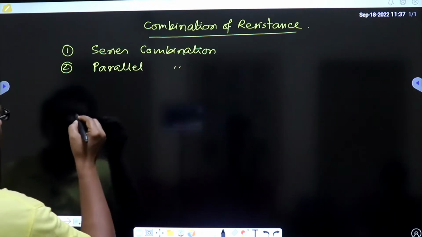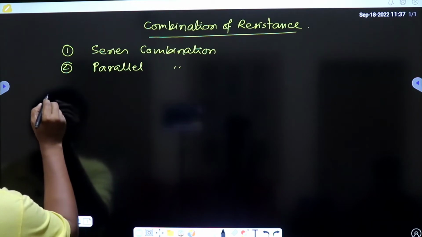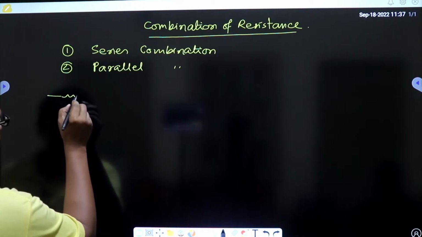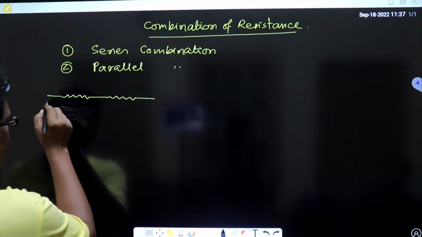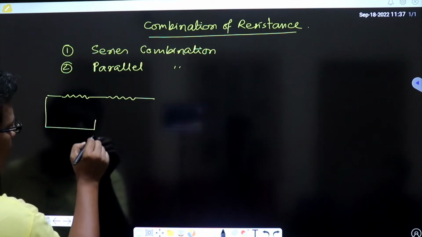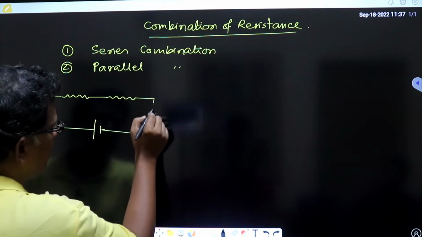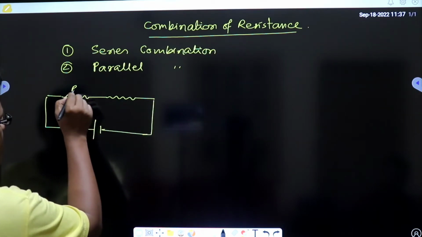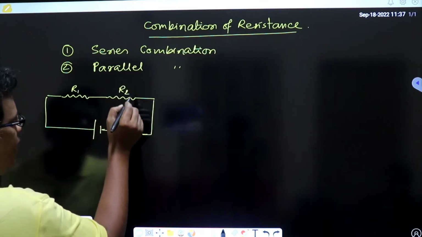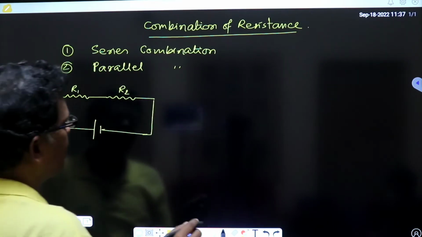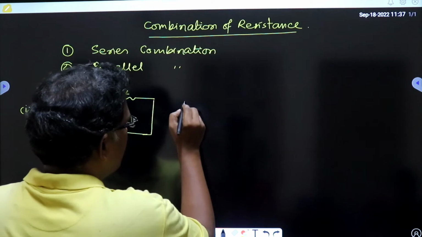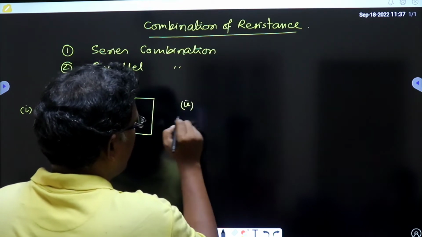What does it mean? For example, if I show a circuit like this with two resistances taken together attached with a battery like this. Okay, this is R1, this is R2. This is one example of more than one resistors taken together forming one series.